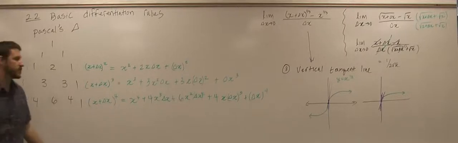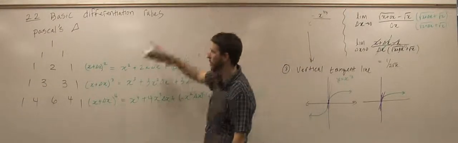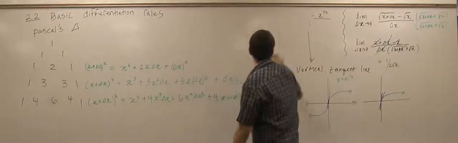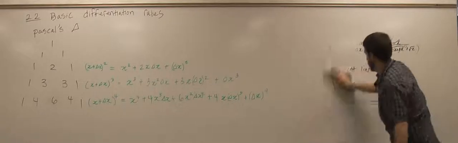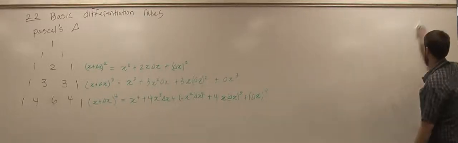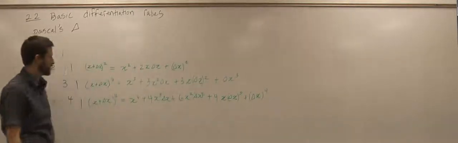So why this is kind of interesting is because it can help us find the difference quotient really fast for some of our power functions, for some of our basic x to the first, x to the second, x to the third functions.